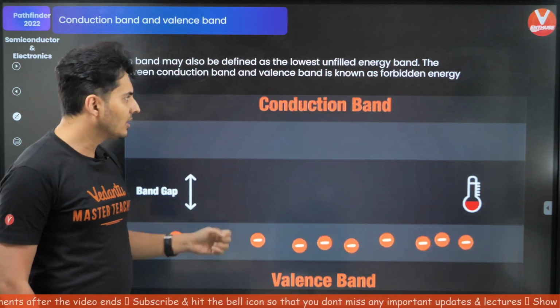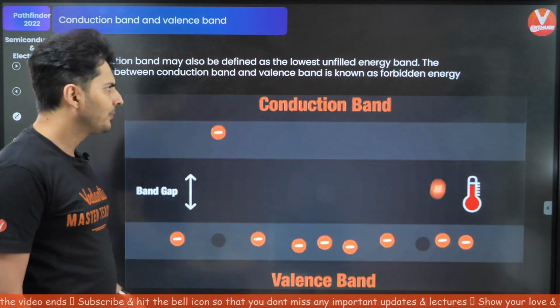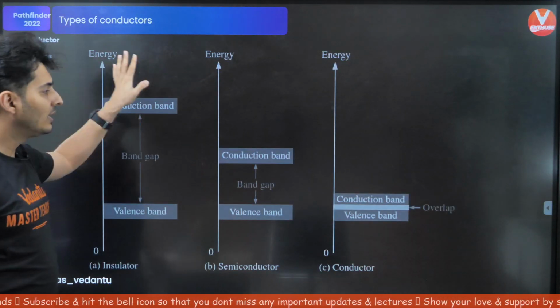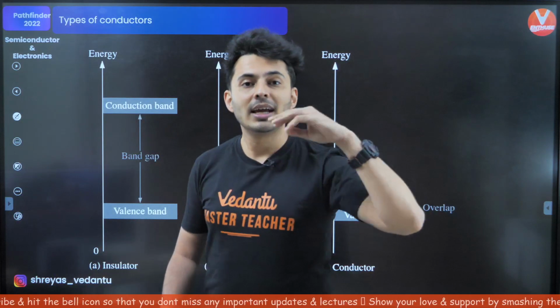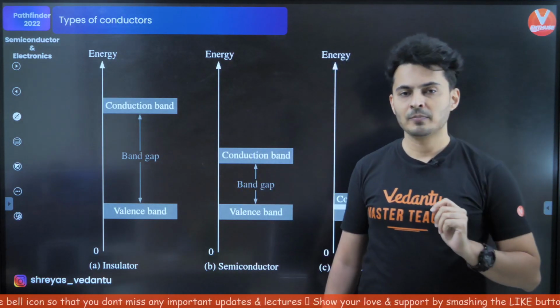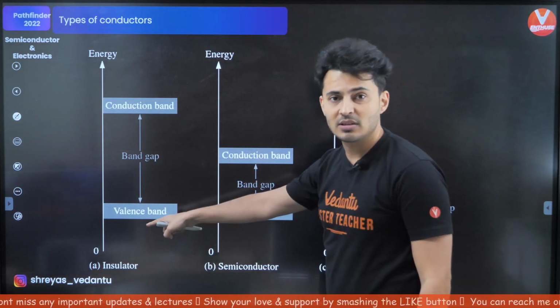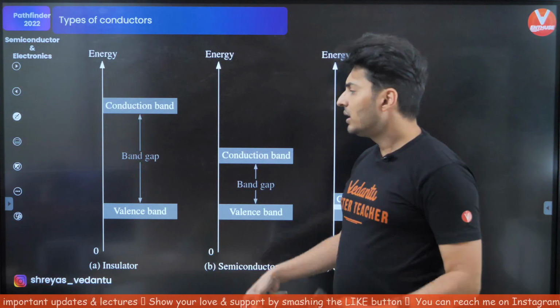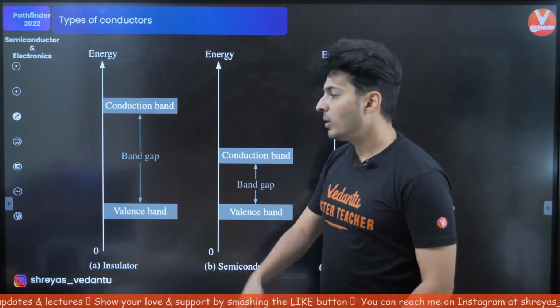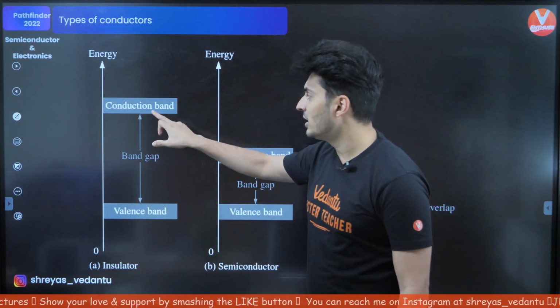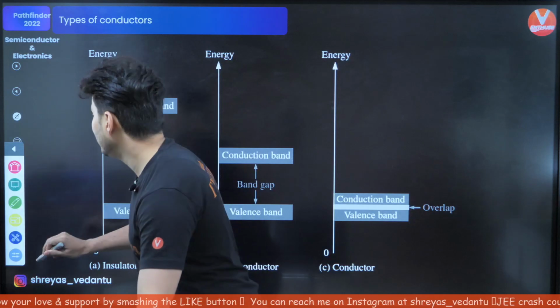which can now conduct electricity, let's discuss the three types of energy gaps that you can get. Number one, the band gap is so large that even at room temperature you are unable to push the electrons from here to here. See, what do you need?